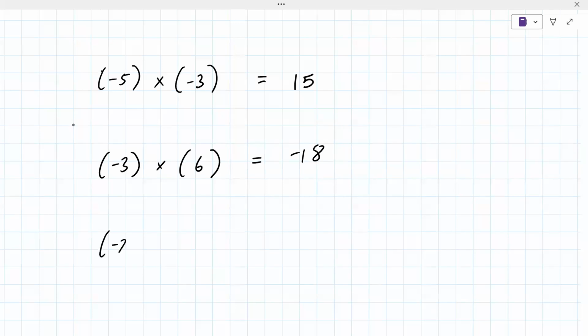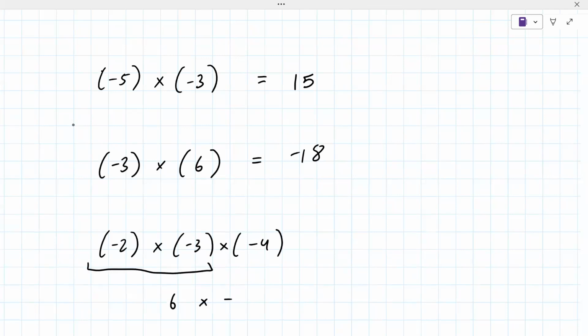Now it goes a little further. Let's say it's -2 times -3. What does that become? Two negatives equal a positive, so it equals positive 6. Now if we multiply by -4, this is positive 6 times a negative 4.